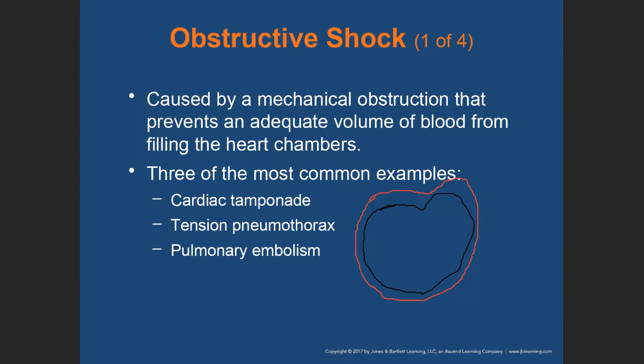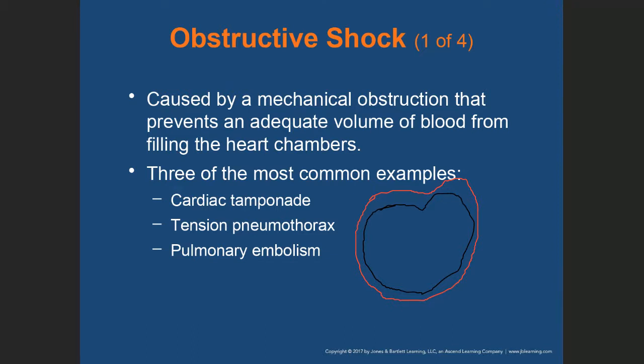The membrane can be torn or ruptured. Right? And it has an inner lining and an outer lining. So you have a visceral portion to the membrane and a parietal portion.